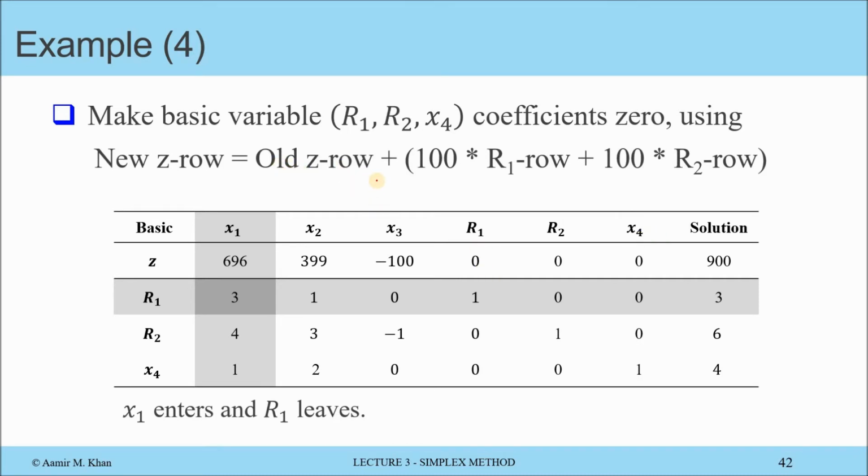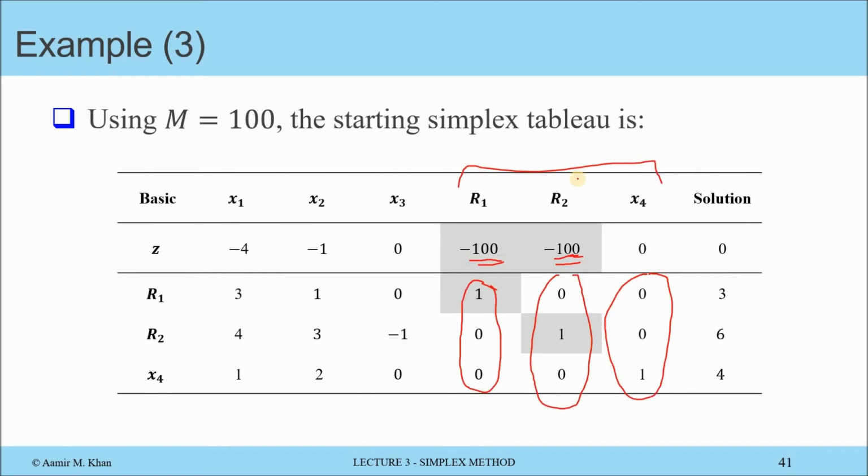Take the old value of Z. Okay, and what you do is you add these two row values, 100 multiplied by row 1 and 100 multiplied by row 2.